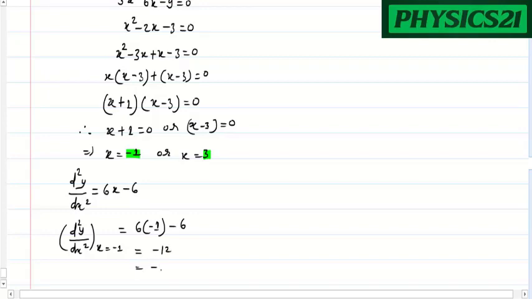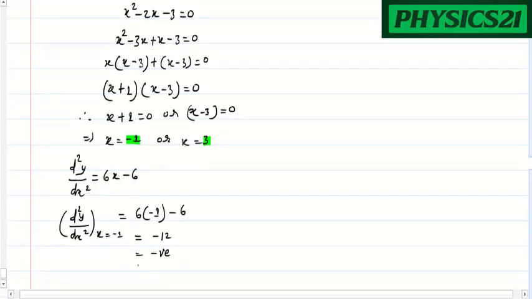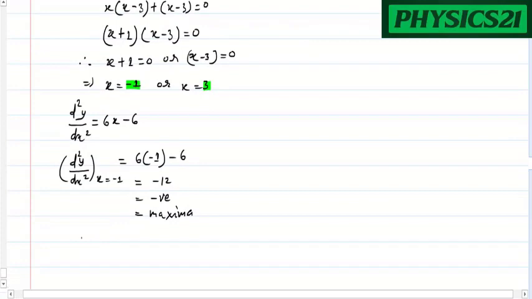This value is negative. It means for x equal to minus 1, we get the maximum value of the function, so it is maxima. We substitute x equal to 3 in d2y divided by dx squared.